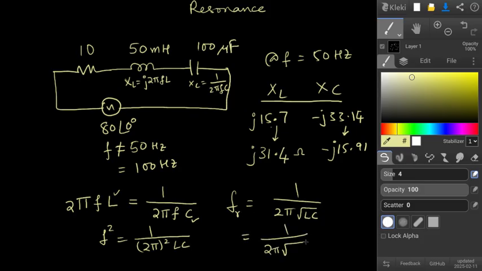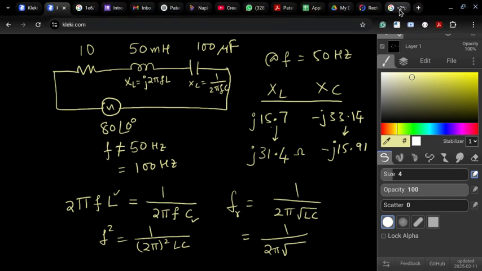So shall we calculate that? This value I think should come somewhere between 50 and 100, right? We are expecting. So let us do.